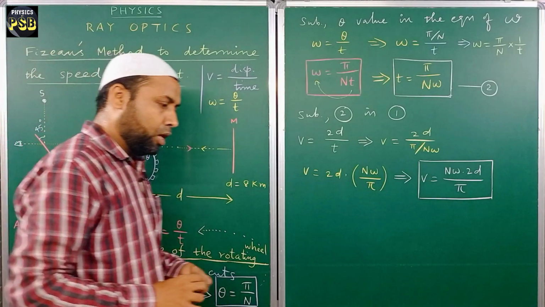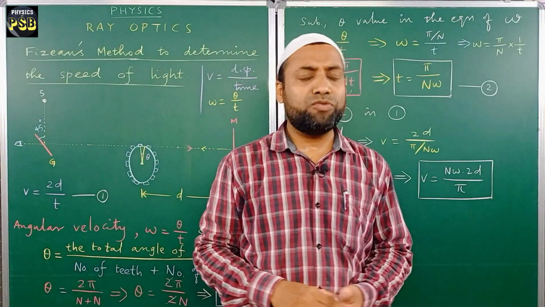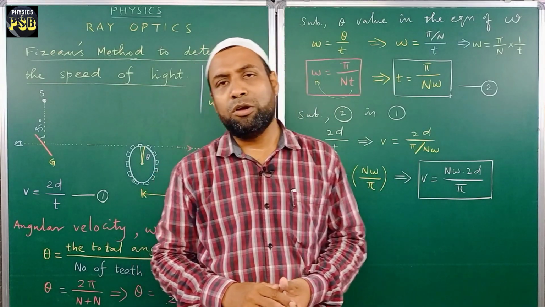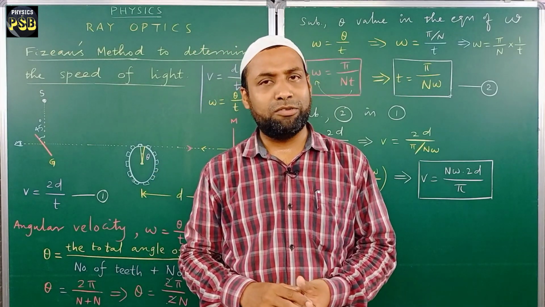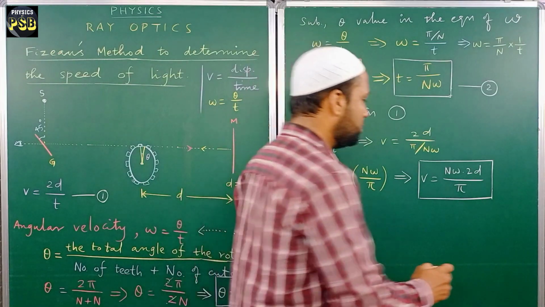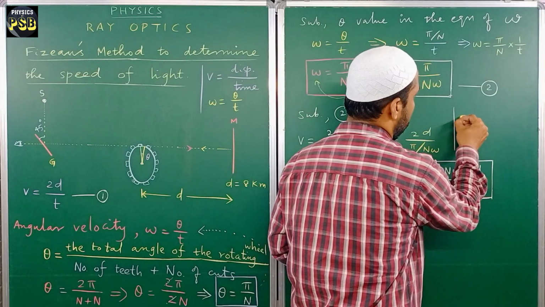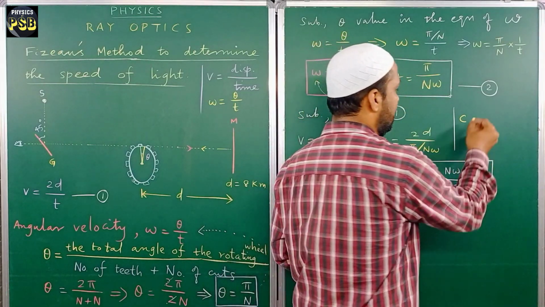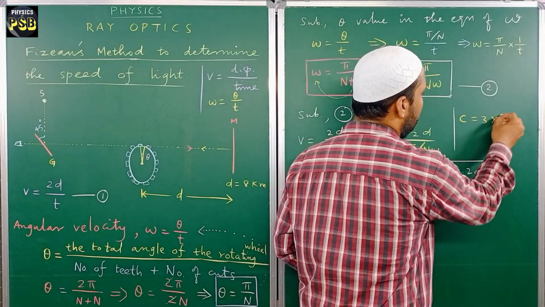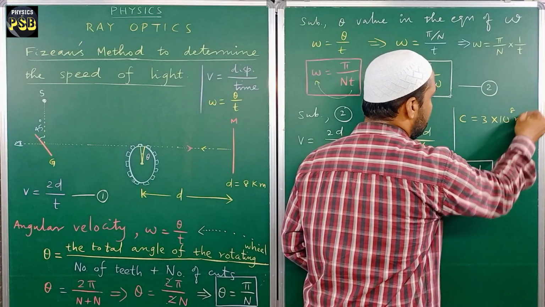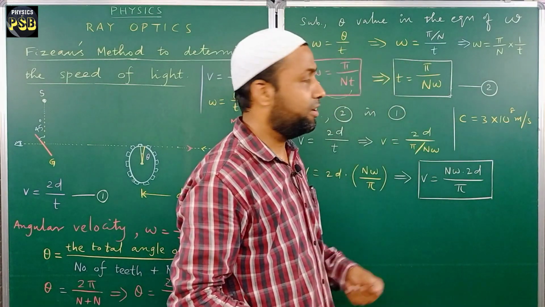Now, the velocity of light that he obtained was very close to the velocity of light known to us. We know the velocity of light is taken as c, which is equal to 3 into 10 power 8 meter per second. This is the velocity of light in air.